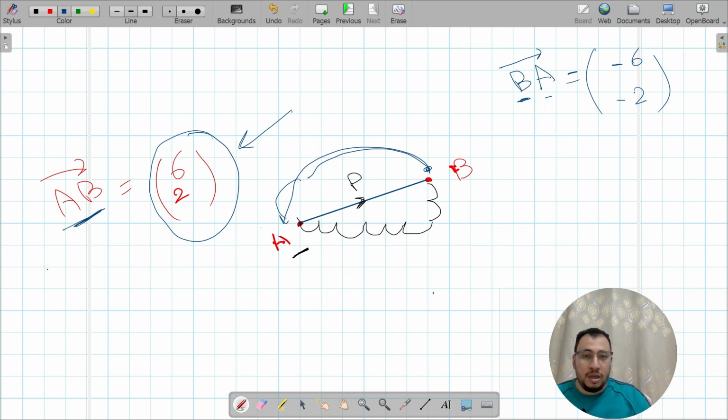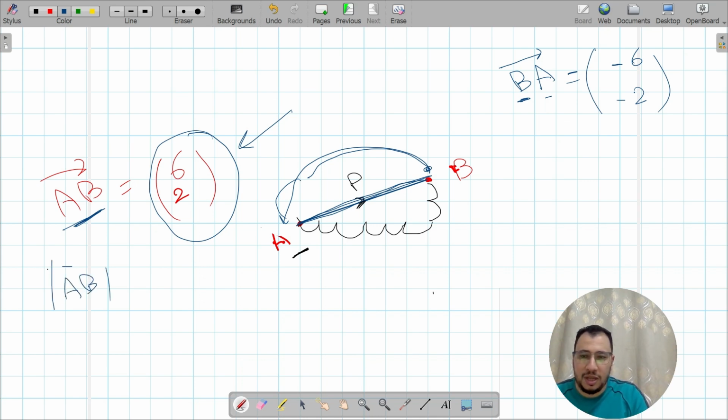Vectors have two things, direction and magnitude. You have the word magnitude or the modulus, which means the distance between A and B. We can call it modulus or magnitude, no problem at all. How can we write it? Magnitude or modulus is denoted by this.